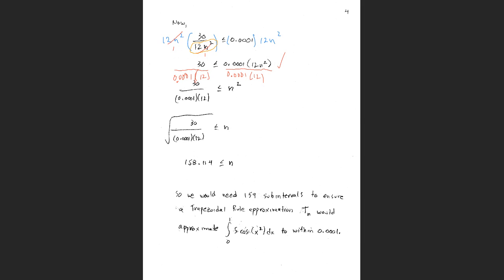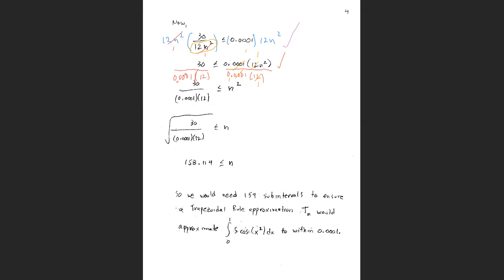But now I want to have the 12n squared by itself. Jonathan's saying at this step here, why not just multiply by n squared? You're right. That's absolutely right. Good insight. I'm just a creature of habit, I guess.